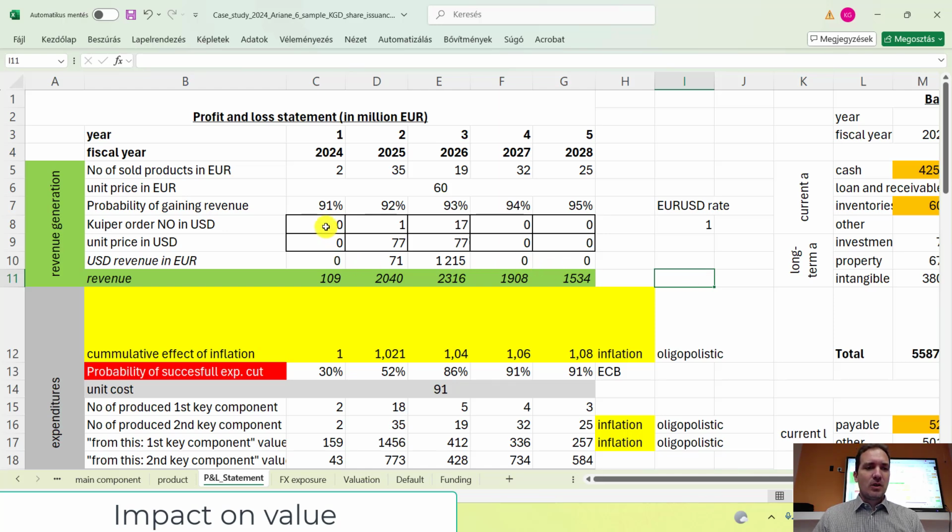Anyway, we should have, yeah, this is the exchange rate, which is 1, which is not that great because we have dynamically changing exchange rates. Did I use this somewhere?